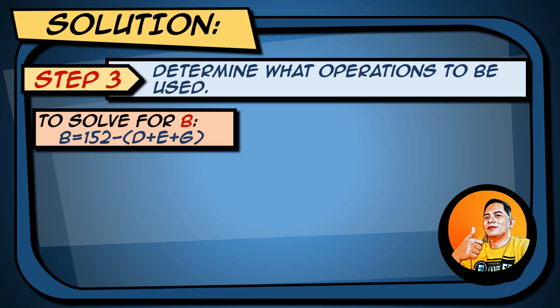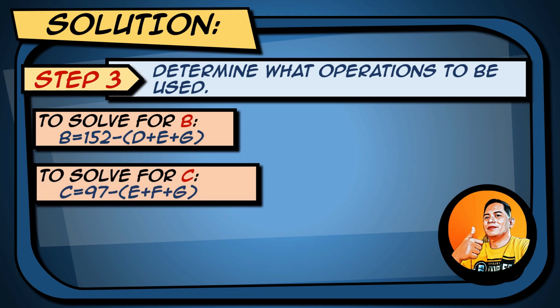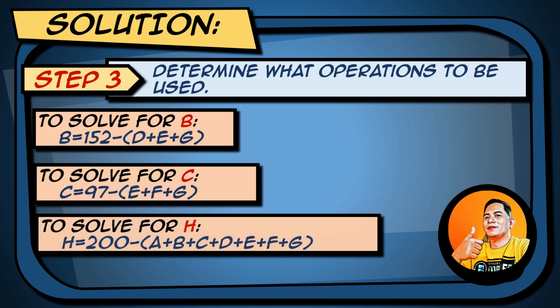And then we have to solve for C. We have C equals 97 minus (E plus F plus G). And to solve for H, we have H is equal to 200 minus (A plus B plus C plus D plus E plus F plus G).